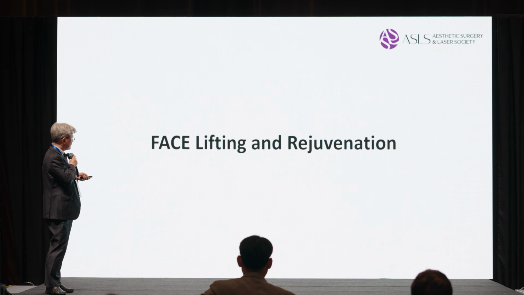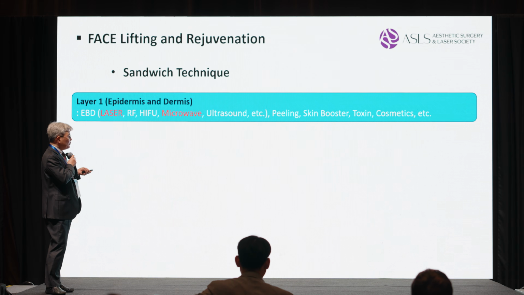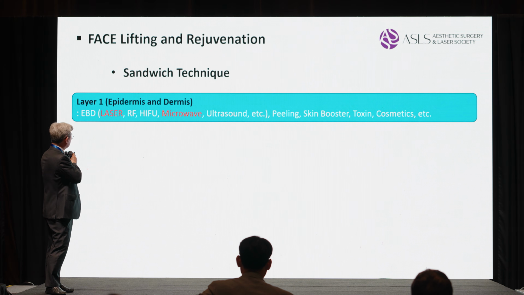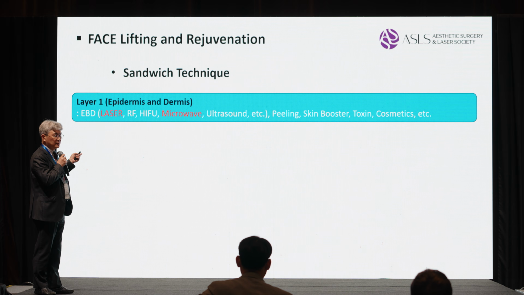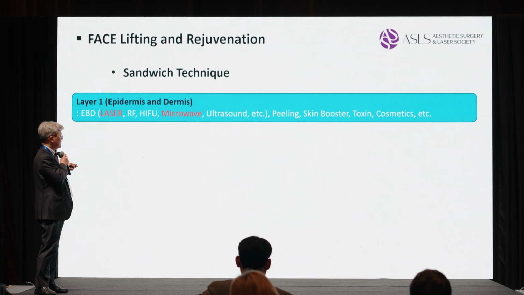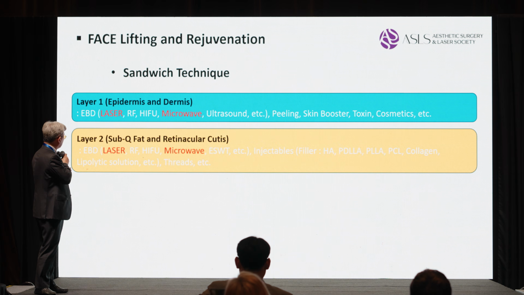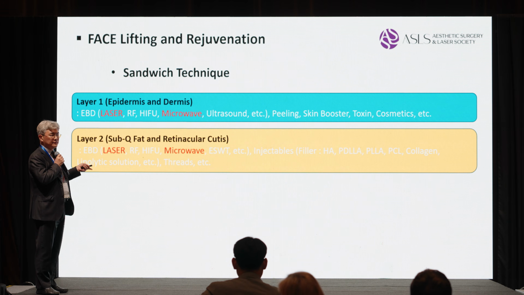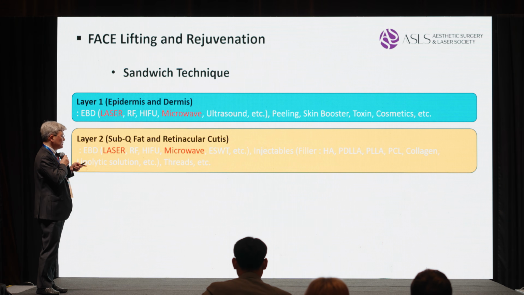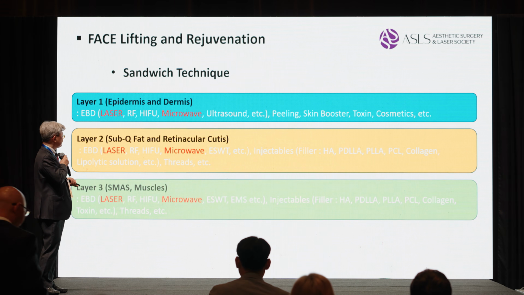So we have many combination methods like this one to treat layer 1: EBD, and the other polymers and toxin, cosmetics. And to improve layer 2, we also can use EBD, laser, and RF and HIFU, and the other injectables.